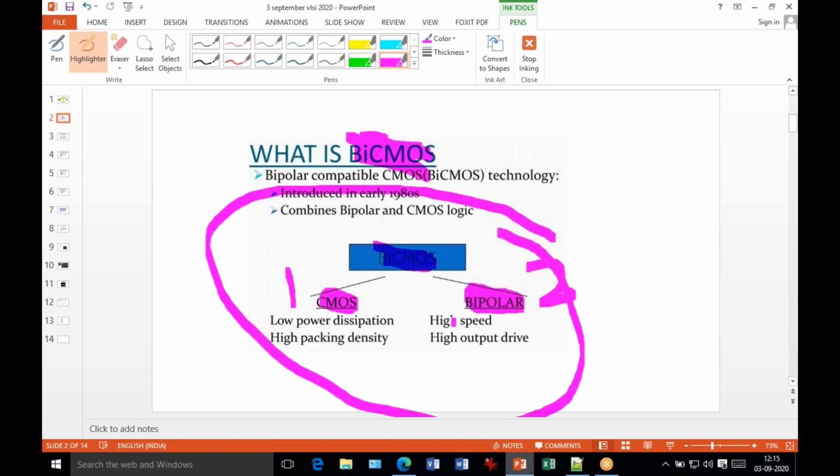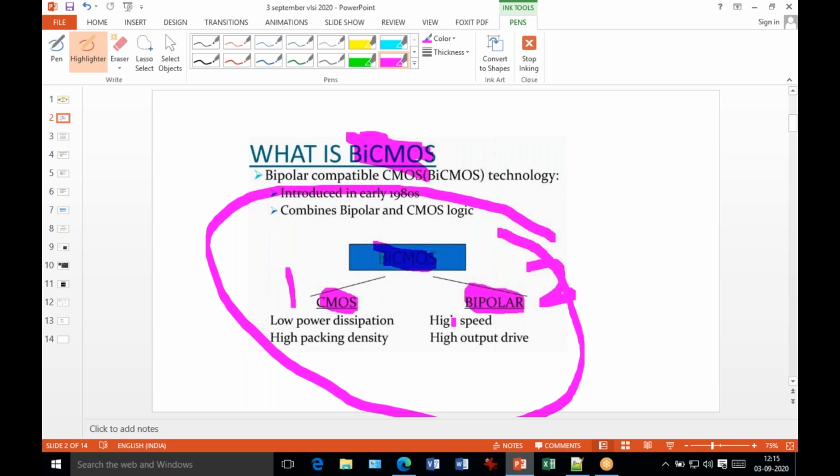But the combination is very important. If you do not combine them, then the bipolar performance is not good. Bipolar transistors have more disadvantages compared to CMOS devices. But if you combine these two devices in a very effective way, then your performance is better. We will discuss how to combine these two devices.